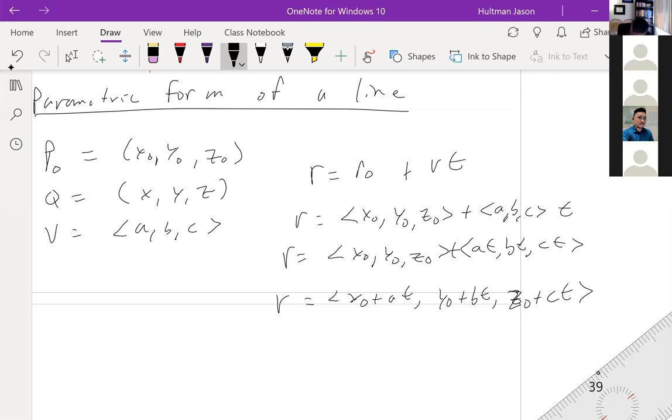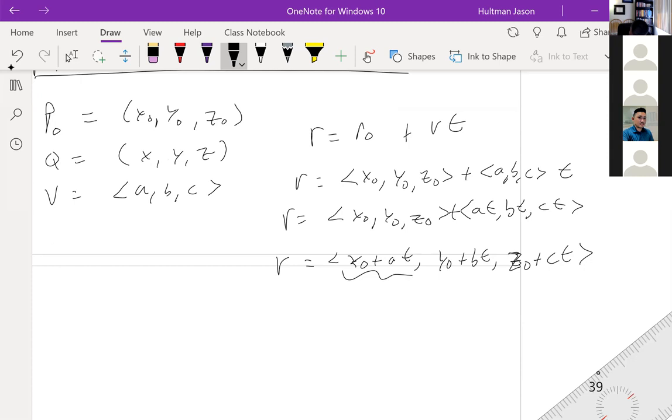So our X value in our line is X equals X naught plus At, Y equals Y naught plus Bt, and Z equals Z naught plus Ct. That's the X component, the Y component, and the Z component.